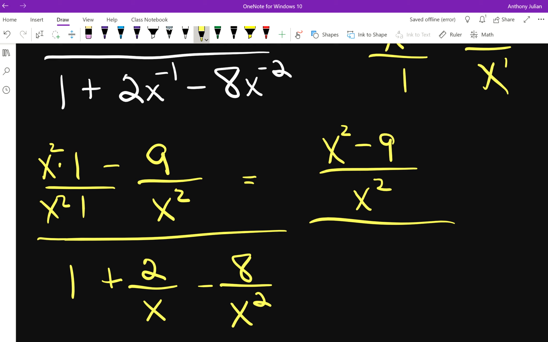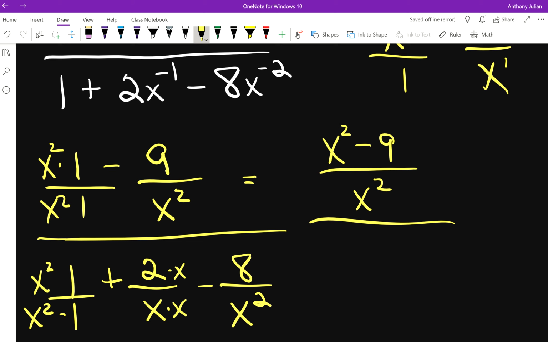All right, the same thing on the bottom. I've got to make everything x squared. This is 1 over 1. And the x I'm going to multiply top and bottom by x to make it x squared in the denominator. That's x here. And then the 1 I'm going to multiply by x squared, top and bottom.